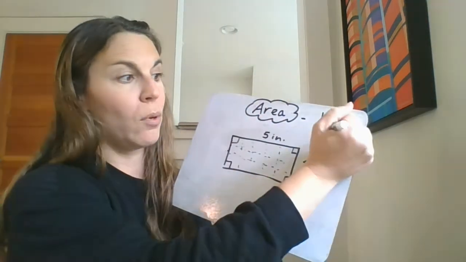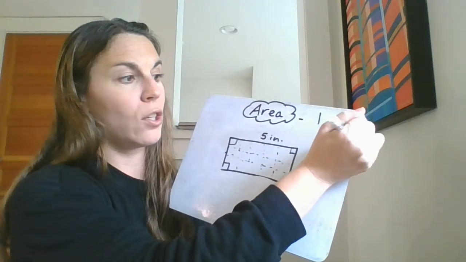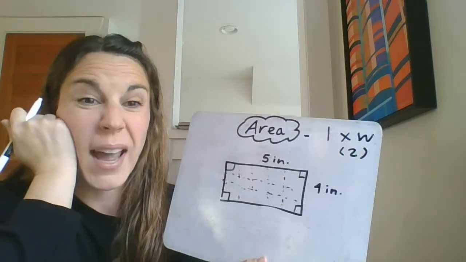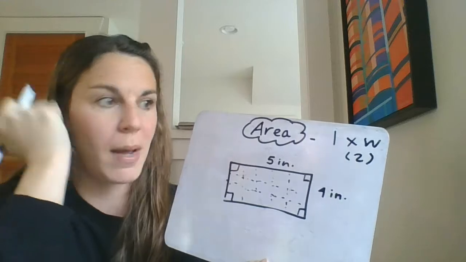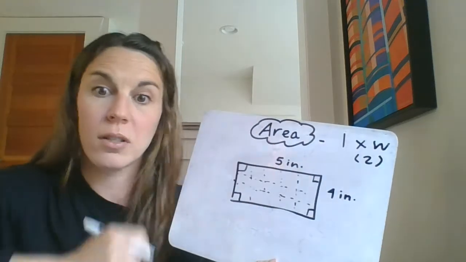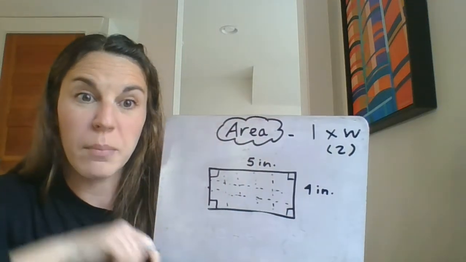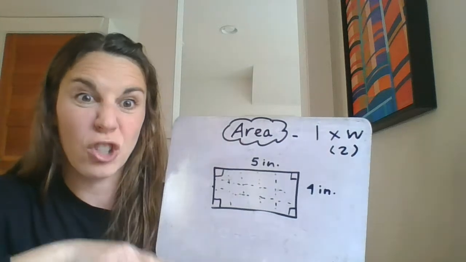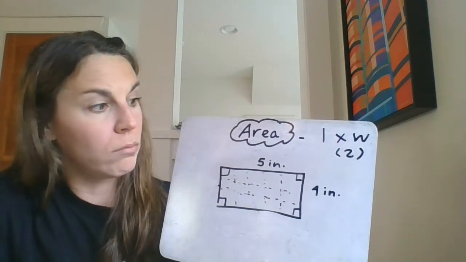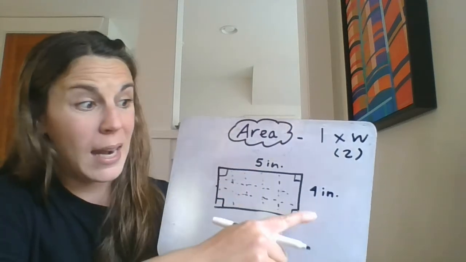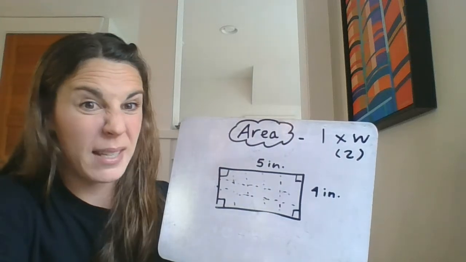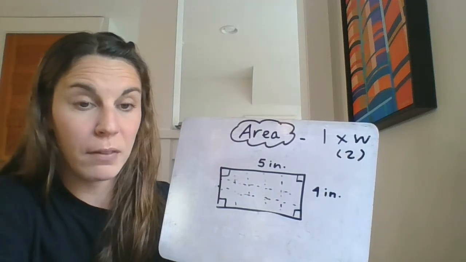Okay, and I'm going to put in parentheses a 2 because area is 2 dimensions, because we need 2 dimensions to solve it. But it's still flat. It's still 2D. So now that I have the length and the width, and this is just basic math, 5 times 4 is what, fifth grade?